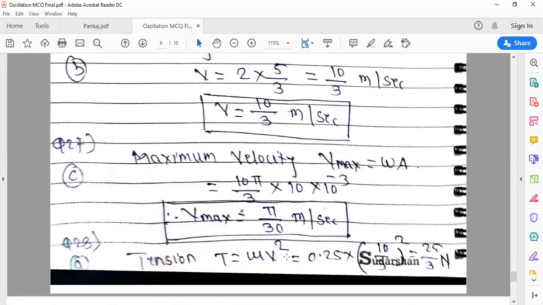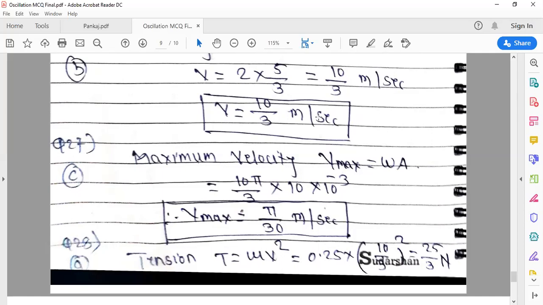Tension is equal to mu, the string's mass per unit length, into v square. So put the value 0.25 into v is 10 by 3 square, so it is 20 by 3 Newton. Depending upon this calculation, there are 4 to 5 questions. So we'll see one by one.